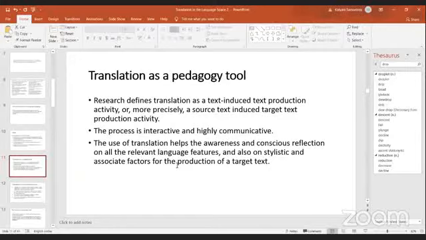When somebody reads something, there is also a lot of possibility for production, either through writing or through speaking. Suppose a student reads a text, then note making probably happens or summary writing happens. So text-induced text production activity can also happen in the classroom as a pedagogy tool.